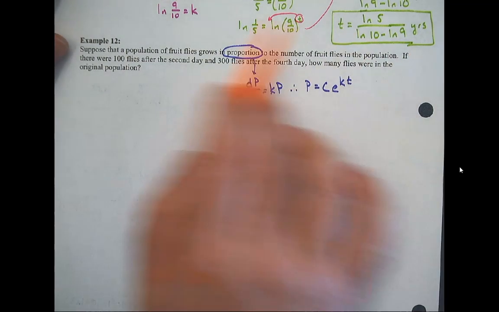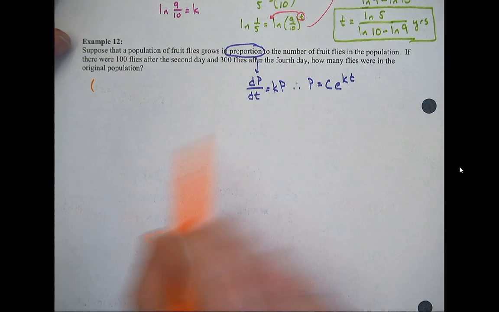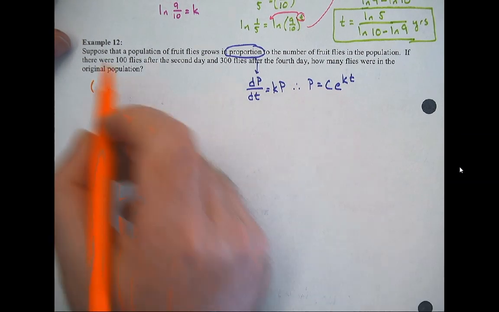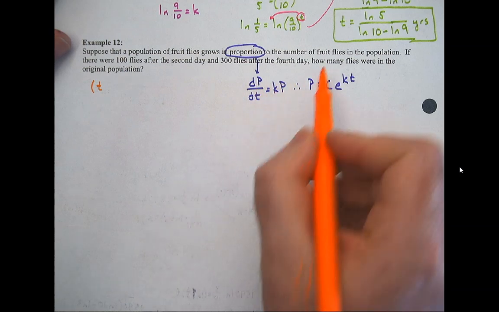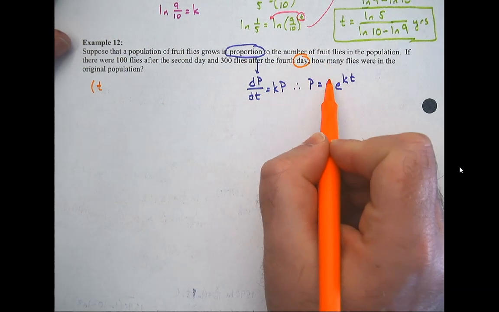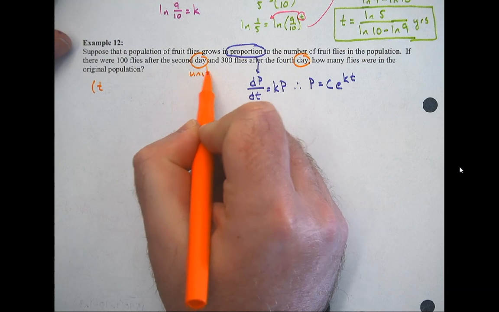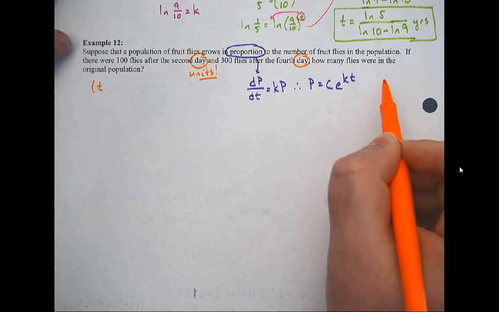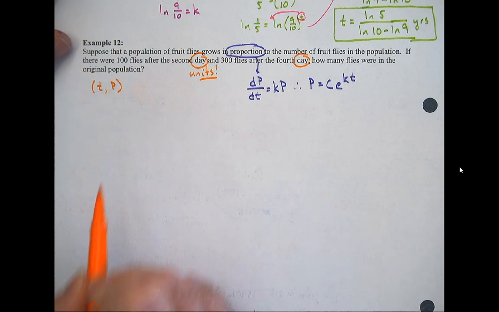So I used the story to help me come up with some coordinate points, because I'm trying to find this initial condition. So we have the time, which is measured in days. We've got units. The units are days and then number of flies, so I'm just going to call that population.